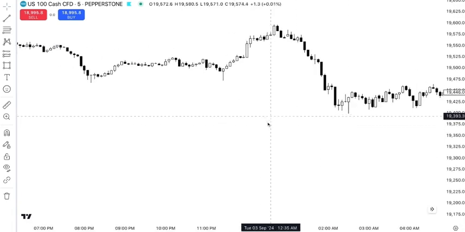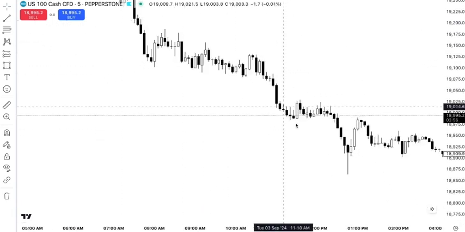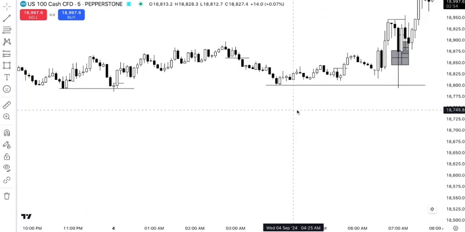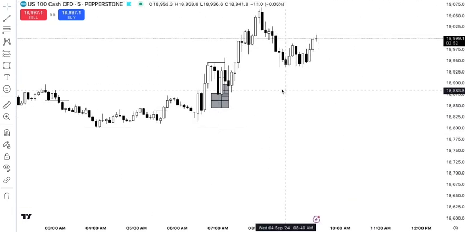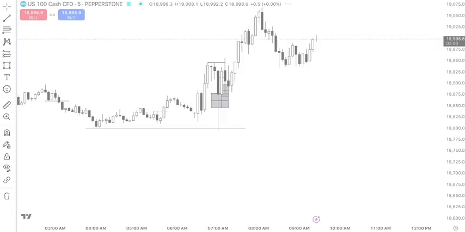Yeah, so you can use fair value gaps for a retracement tool, and let's go on to the lower time frame, and I can show you guys how today's was respected.